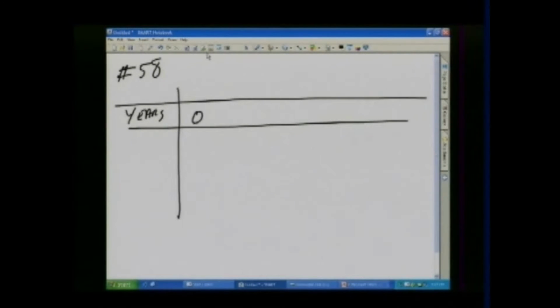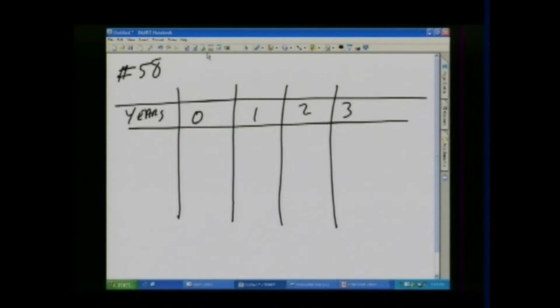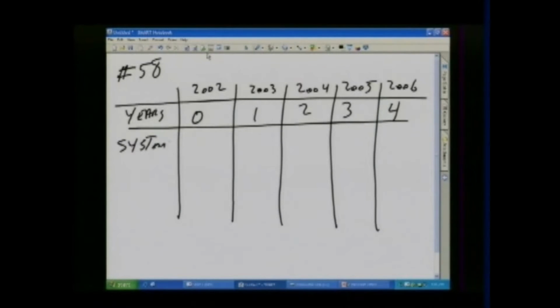Year 0, 1, 2, 3, 4, again corresponding to 2002, 2003, 2004, 2005, 2006, and systems sold or installed, navigation systems.